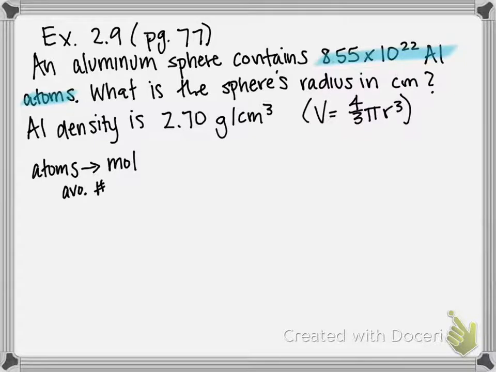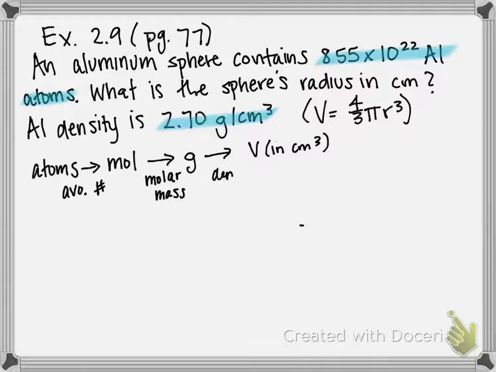Once we're in moles, we can convert to grams using our molar mass. And then once we're in grams, we have a common unit with the density. So we can use the density to get to volume, technically in centimeters cubed. So we're going to be using density there.